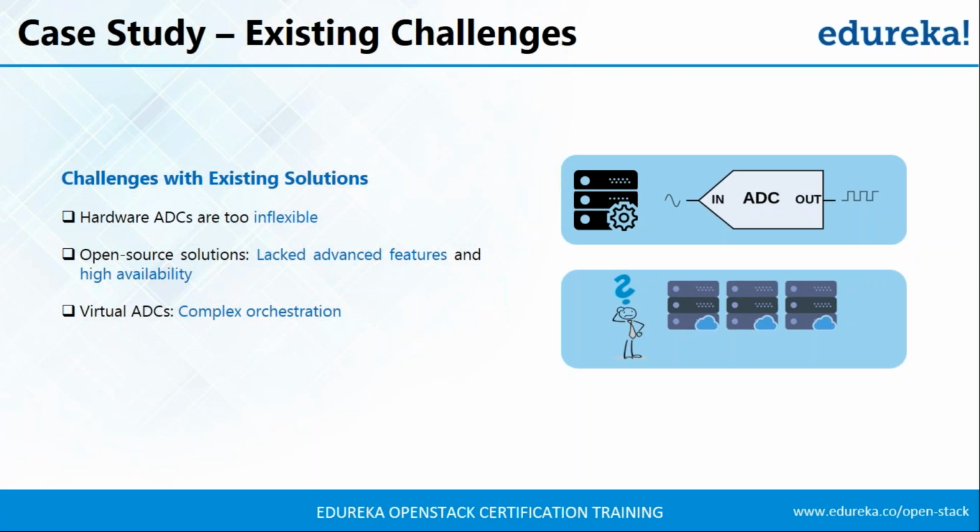And when they started using virtual ADCs, the orchestration, or laying out how each of the virtual ADCs will interact with each other, was very, very complex. There was not a proper management system to maintain that orchestration. So it became very hard to find a solution for this problem.